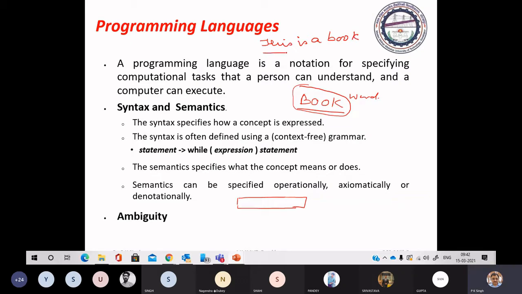In this sentence, we have symbols from the English alphabet: T, H, I, S, A, B, O, O, K. So suppose you write this sequence of English alphabets.